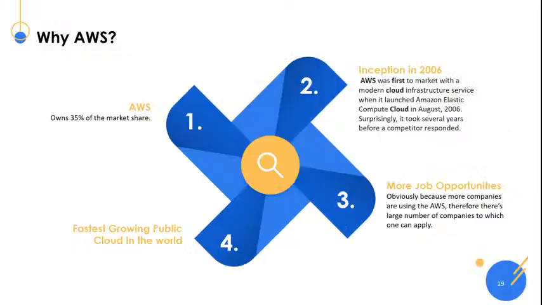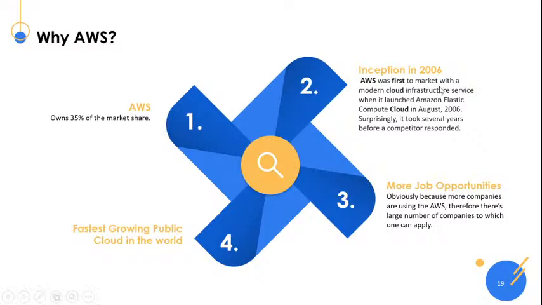So next is, why AWS? The first reason is that AWS owns 35% of the market share in cloud computing. That is, if there are 100 companies which use cloud computing, out of them, 35 companies would be using AWS.